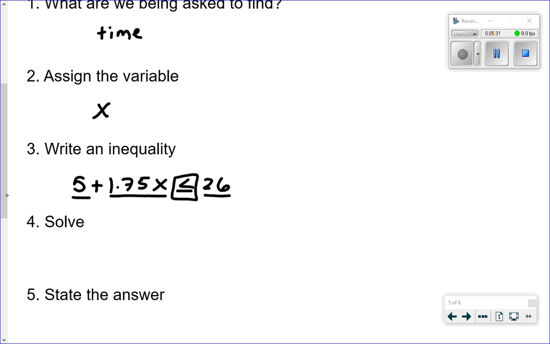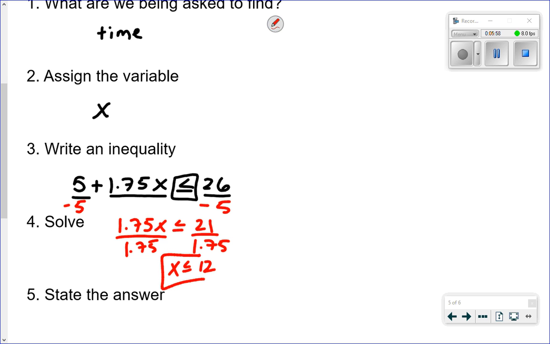So now I need to solve that. I'm going to subtract 5 from both sides. Then I'm left with $1.75x less than or equal to 21. And then I need to divide both sides by $1.75. And 21 divided by $1.75 equals 12.